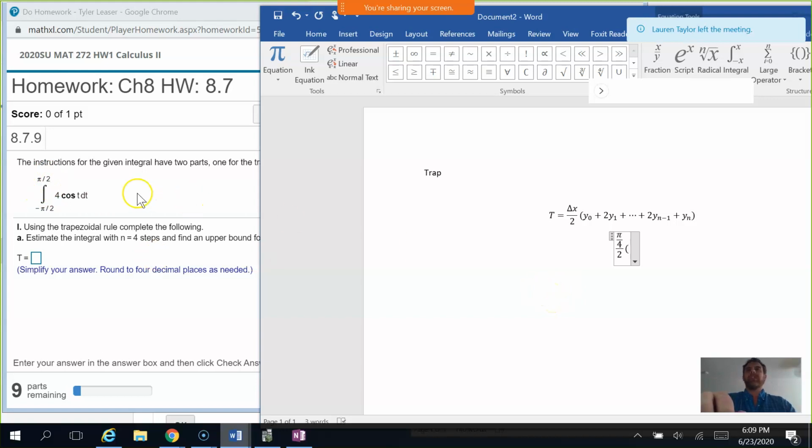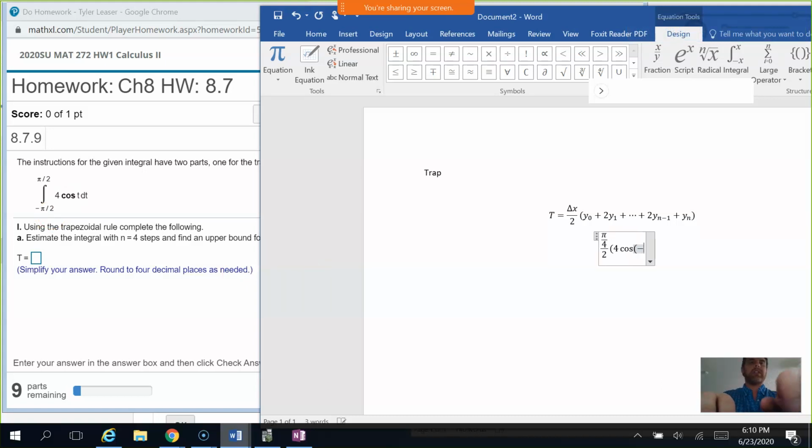So the first thing we're going to do is plug negative pi over 2 into the function. So 4 times cosine of negative pi over 2, we'll get to that in a second. That's going to be plus 2 times plugging the next value over. So adding pi over 4 to this is going to be negative pi over 4. So 4 cosine of negative pi over 4.